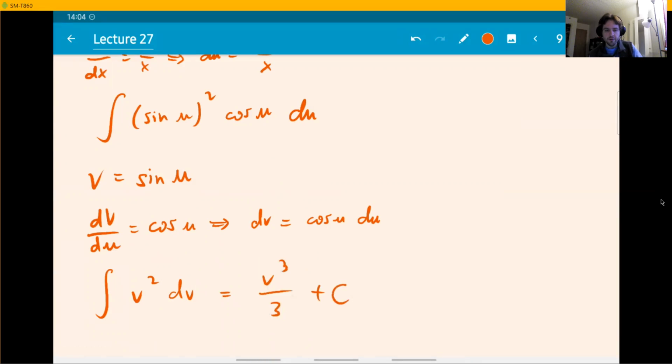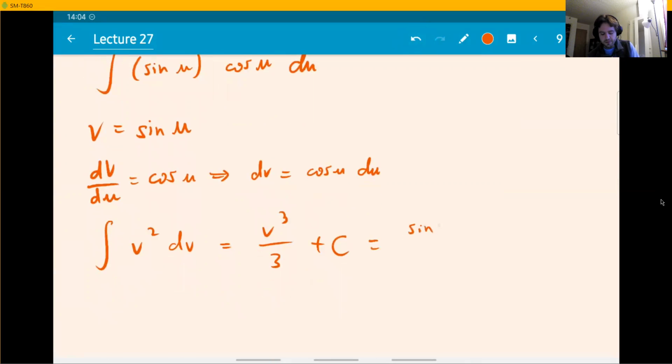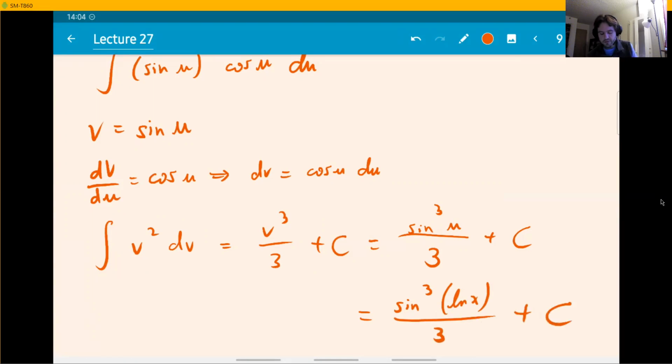But you have to go back to the original variable, and it goes through u first, right? v is sine u. So this is sine u cubed, or sine cubed u if you want to write it that way. And then u was ln x. So I just replaced each variable with what it meant originally, all the way back to x.